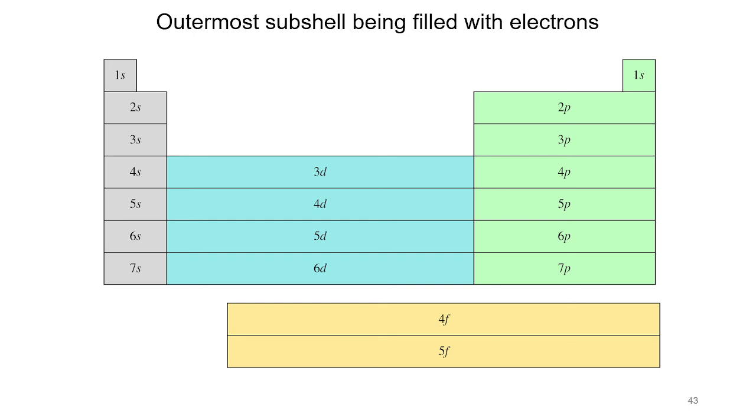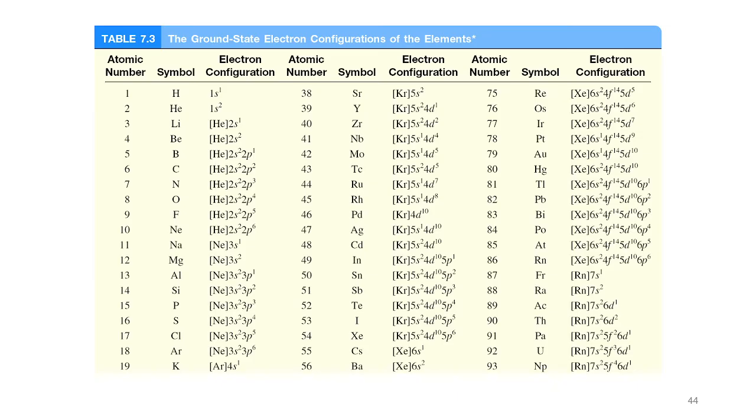Also, some of the noble gases. And here are some ground state electron configurations of different elements. These are actually shorthand electron configurations, wherein we use the electron configuration of the noble gases to indicate the electron configuration of different elements.